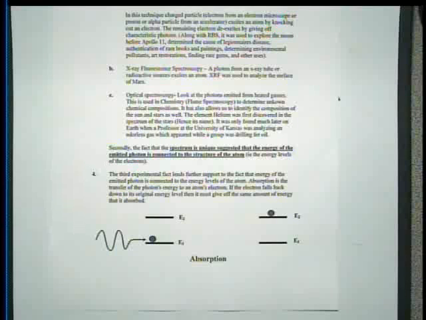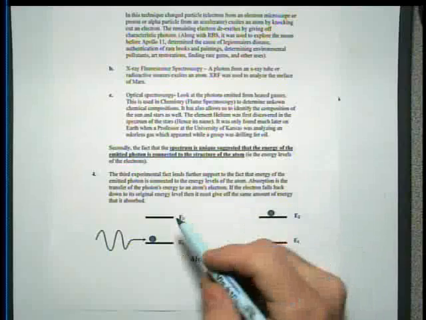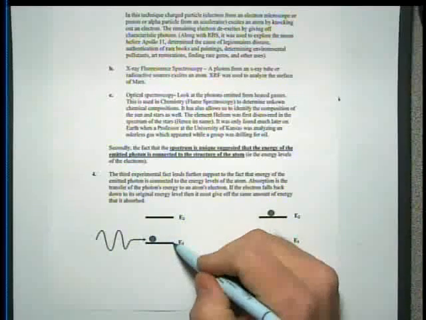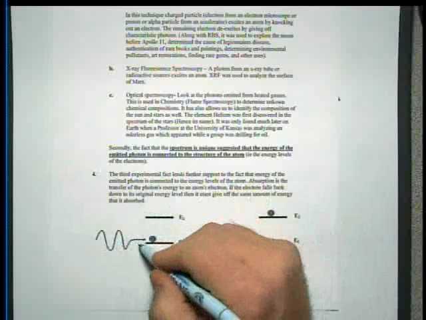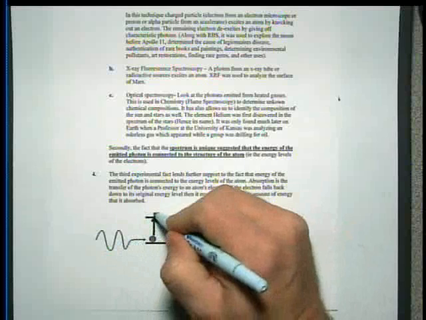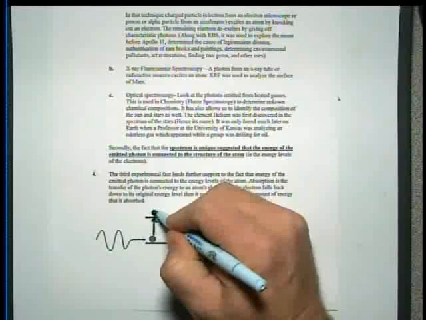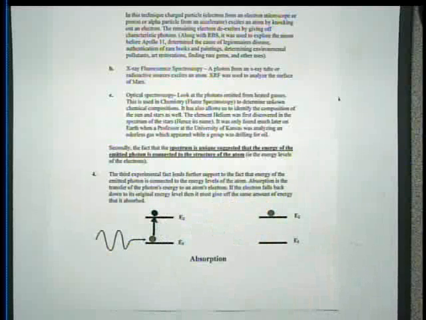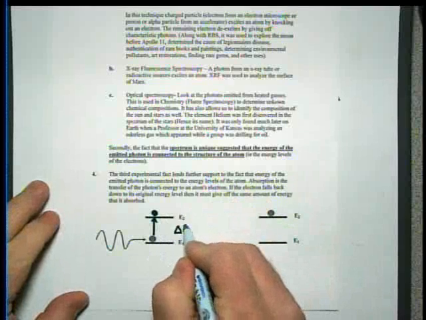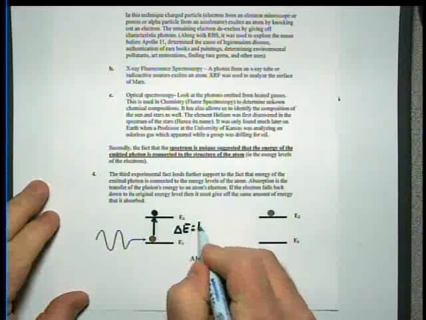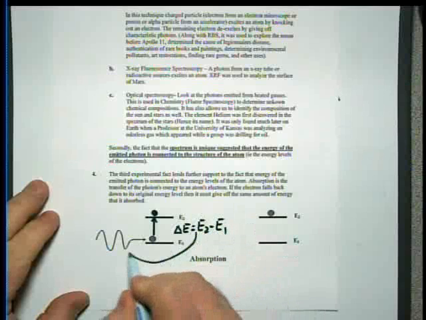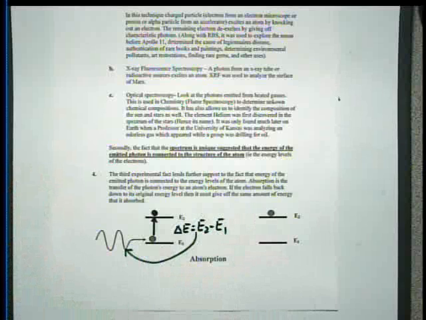So he had this idea in mind. If you had the atom in some sort of energy state, let's say the electron here, and if the photon came in with a certain amount of energy, and it gave that energy to raise that electron up to here, then this energy gap here would be matched to the energy of that photon.